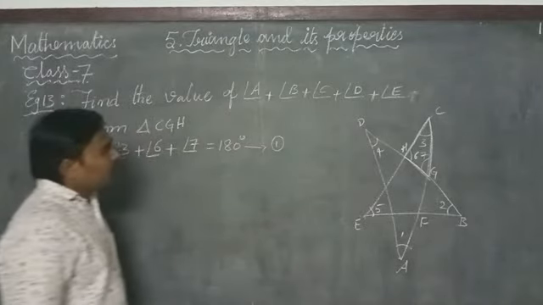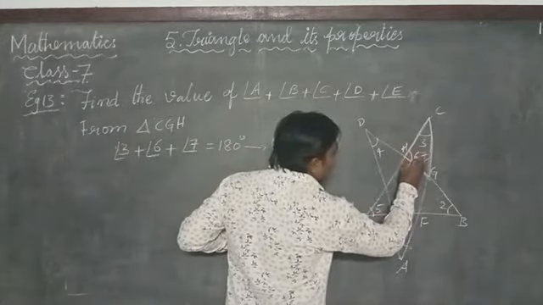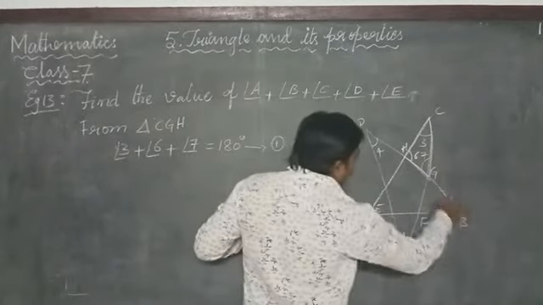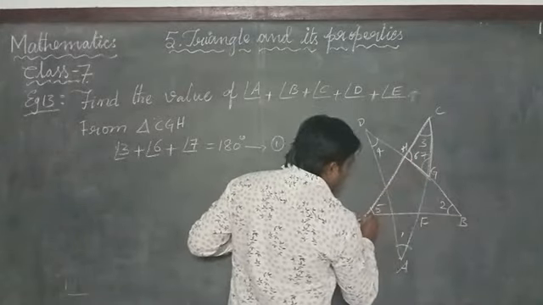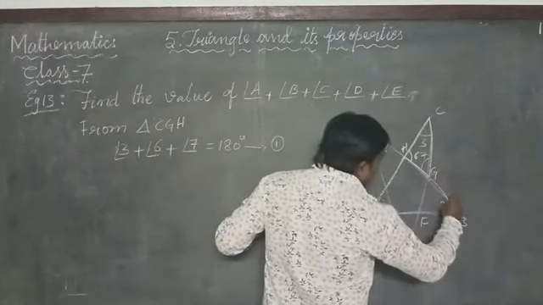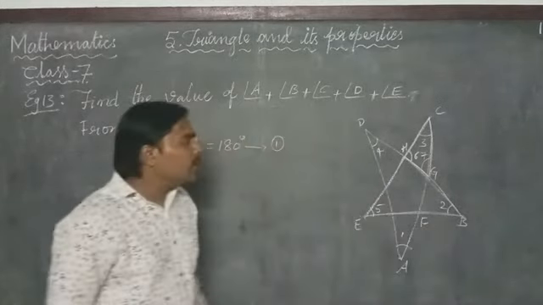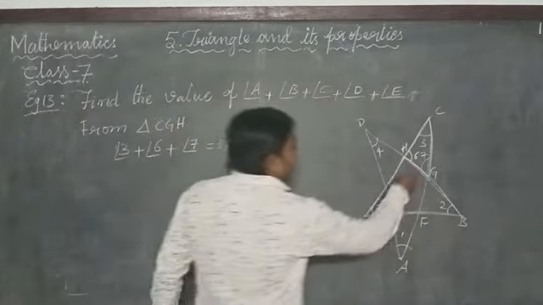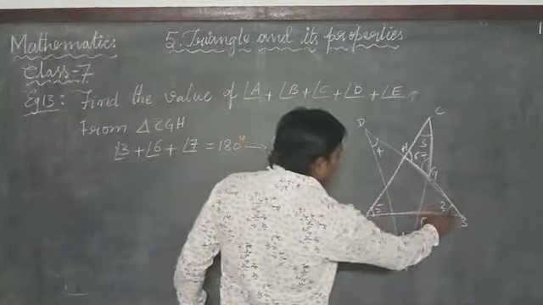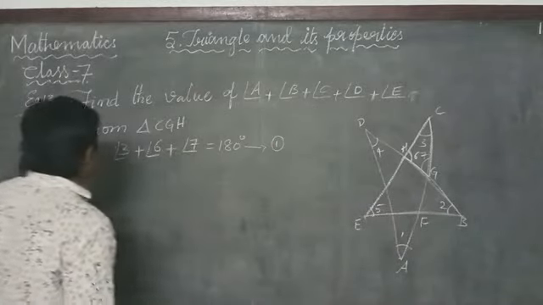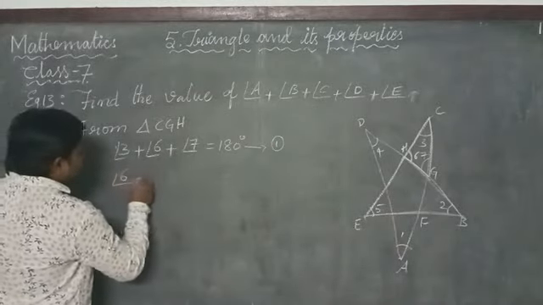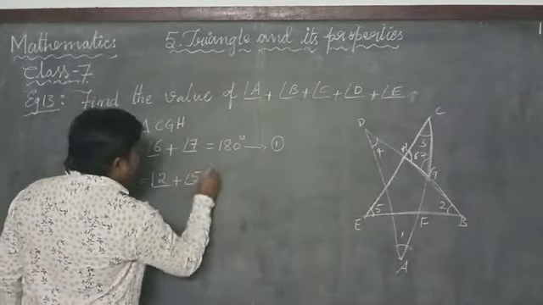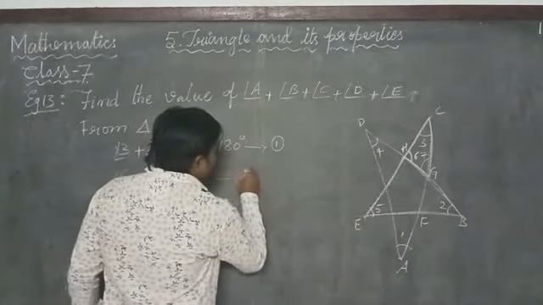Here angle 6 is an exterior angle for triangle EBH. According to the exterior angle property, angle 6 equals angle 2 plus angle 5. Let us assume this is the second equation.